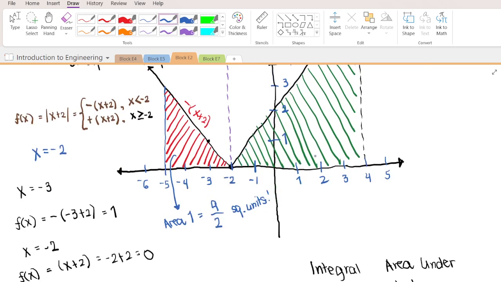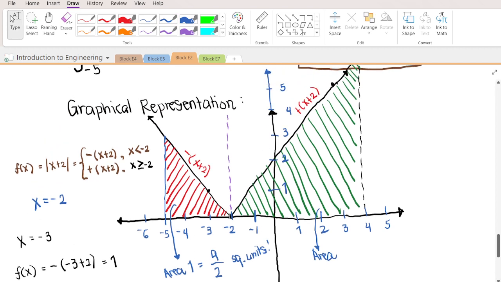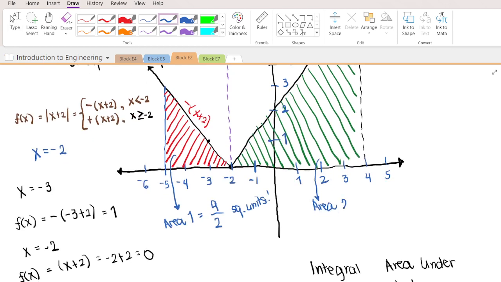So we have here area number 2, the area below this function over here, which is equal to 18 square units. Okay, please neglect the exclamation point. You might follow what I wrote.